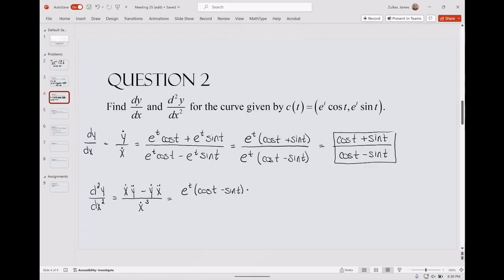Oh, that sucks. We are going to have an e to the t times something.